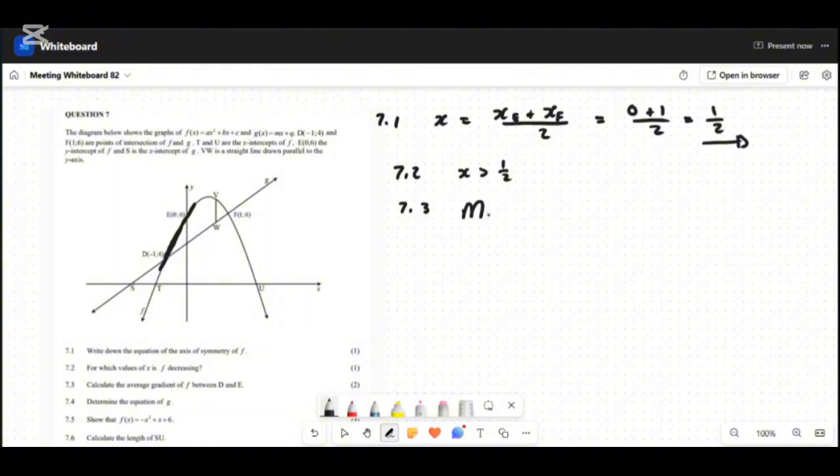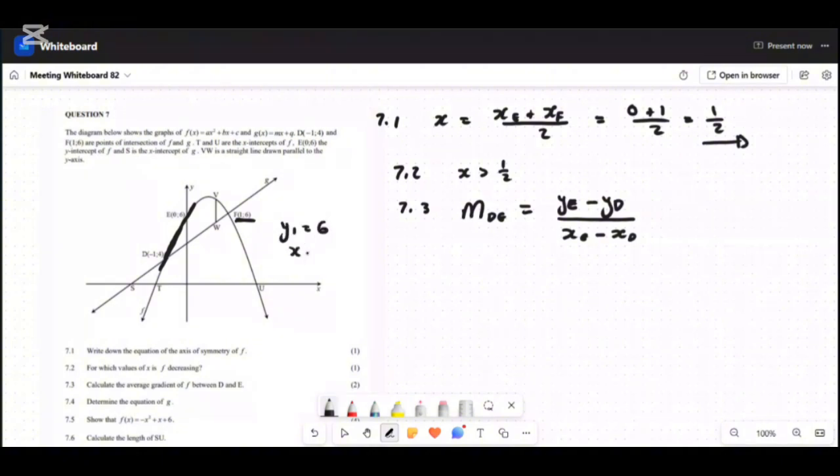So we are going to say m of DE is equal to y E minus y D, over x E minus x D. The reason why I'm using D and E is because I don't want to confuse myself. Remember, if you are using y2 minus y1 over x2 minus x1, and you are using point F, you say y1 is equal to 6, x1 must be equal to 1.